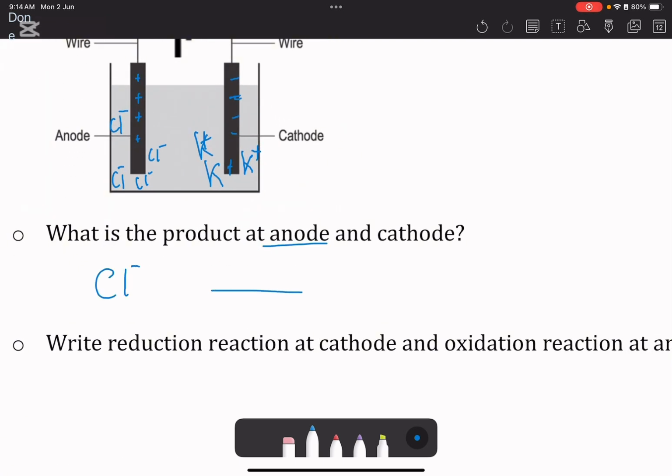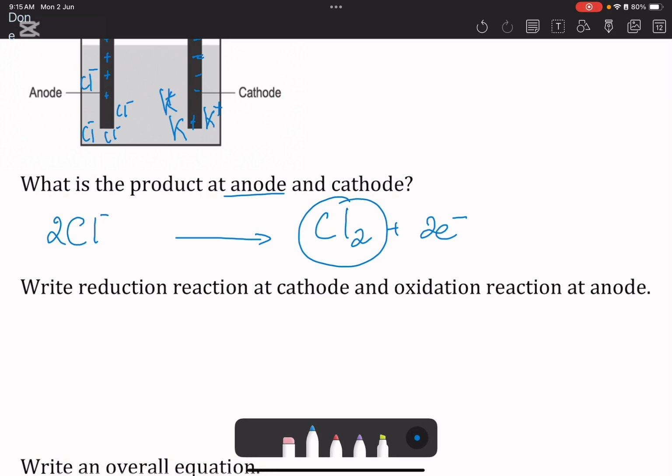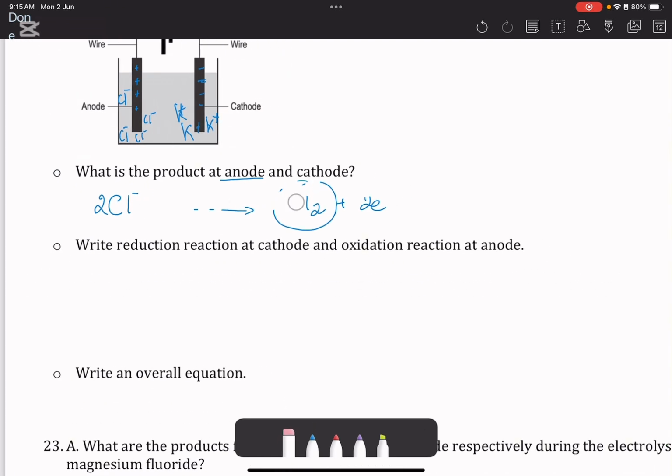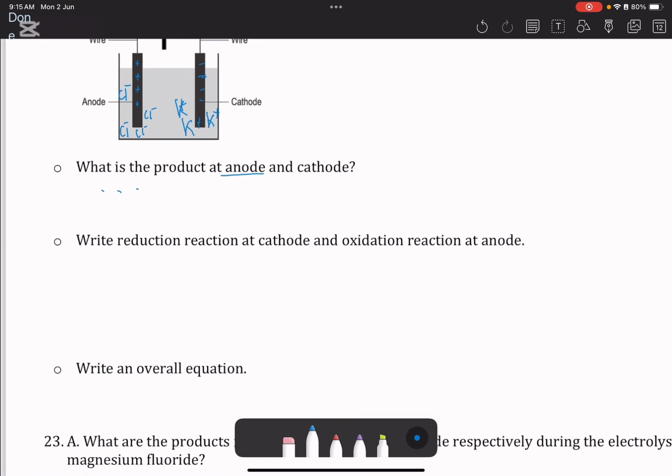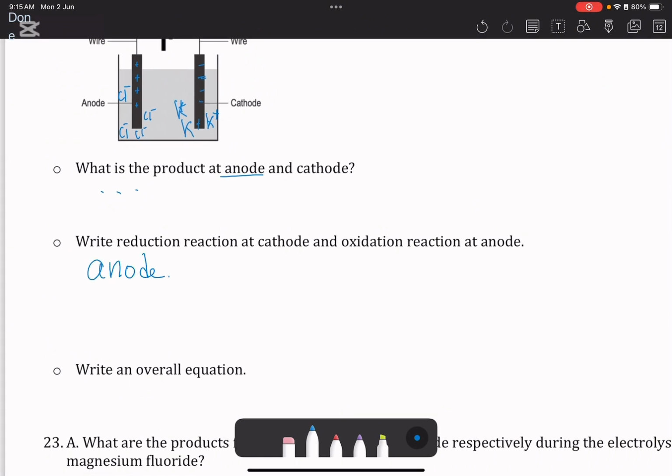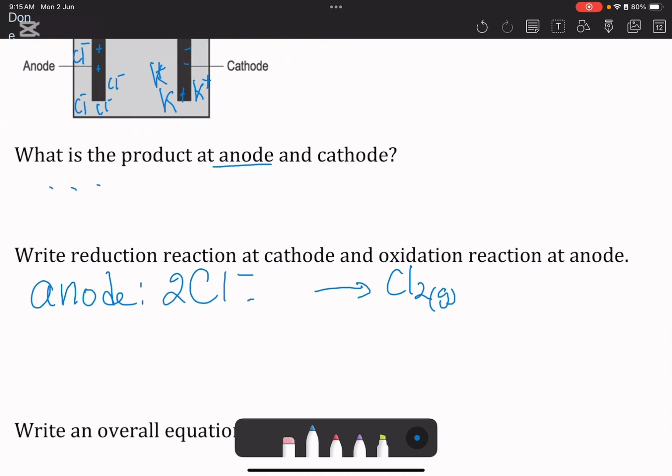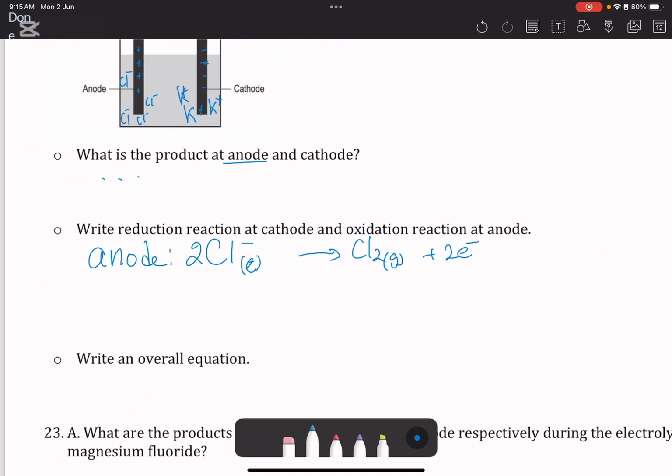So at the anode, it's Cl minus being oxidized into Cl2. Write the reaction. This must be written down in here. So at the anode, it is Cl minus giving Cl2 gas. Now, when you are writing the equation, this is molten, so Cl minus is in the liquid state.